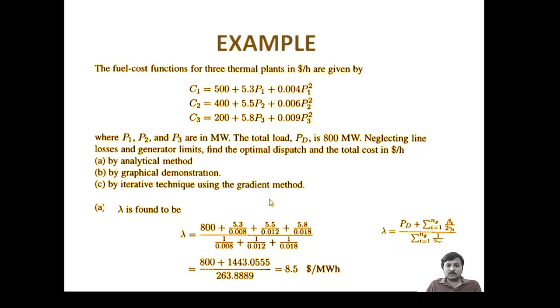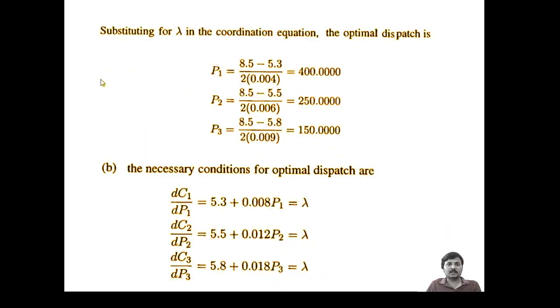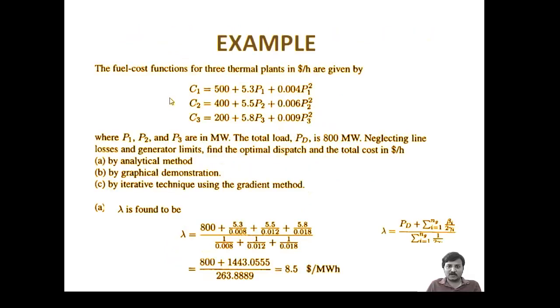Similarly, for the second, 5.5 divided by 2 into 0.006, that is 0.012. Similarly, 5.8 by 0.018. The sum of 1 by 2 gamma i directly gives lambda equal to 8.5. Now substitute the lambda value in the coordination equation.